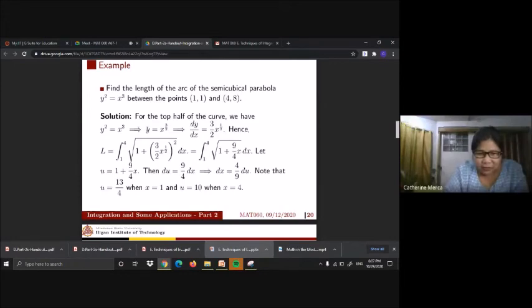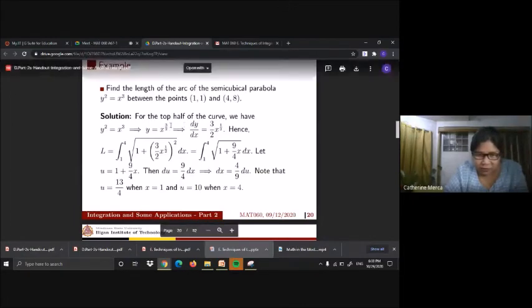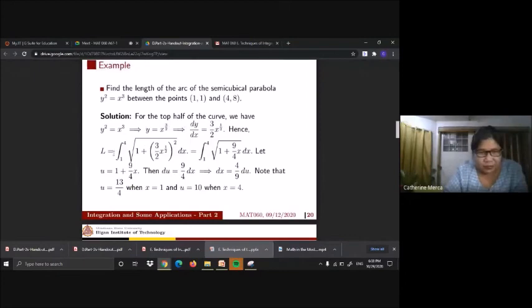So when you take the derivative of this, dy dx, the exponent is 3 over 2. So 3 over 2, x to the 3 over 2 minus 1. That will give you x to the 1 half, since 3 over 2 minus 2 over 2 is 1 over 2. So the length of the curve will now be from 1 to 4. You have the square root of 1 plus the derivative squared dx. Square root of 1 plus 9 over 4 x dx.